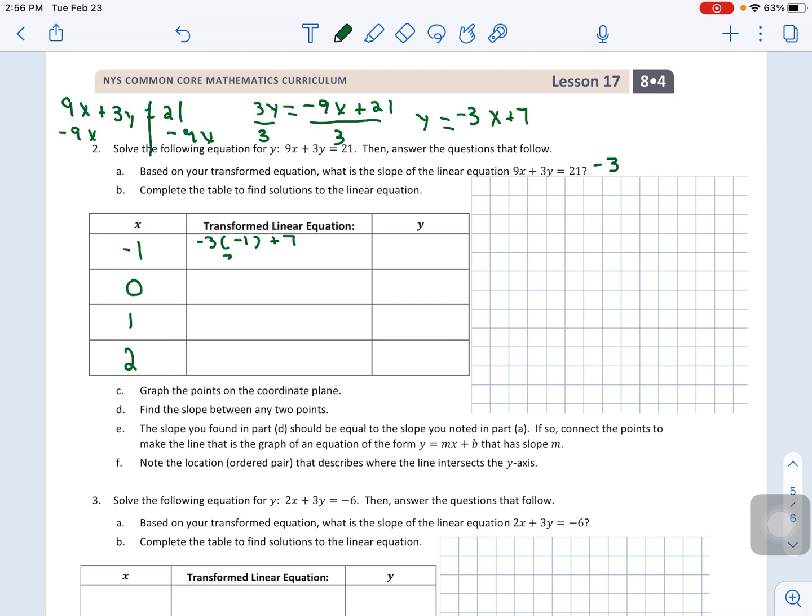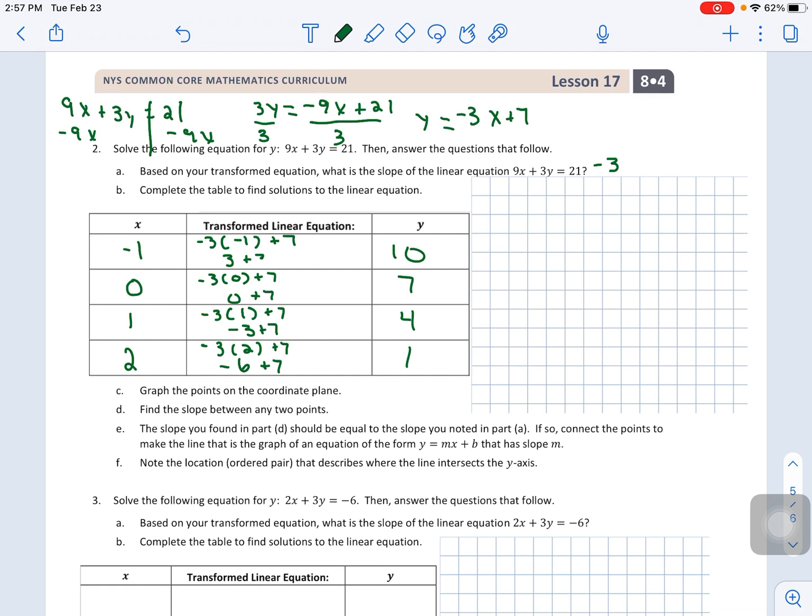Negative times negative is a positive. 3 plus 7 is 10. -3 times 0 plus 7. 0 plus 7 is 7. -3 times 1 plus 7 is -3 plus 7, which is 4. And -3 times 2 plus 7 is -6 plus 7, which is 1.